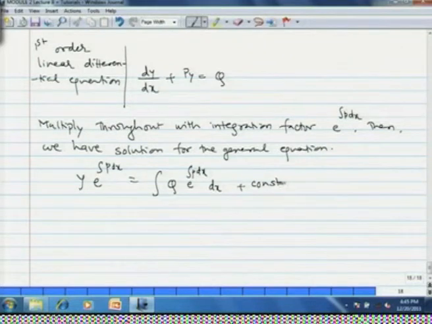So, this is the solution of the general form of this particular equation.